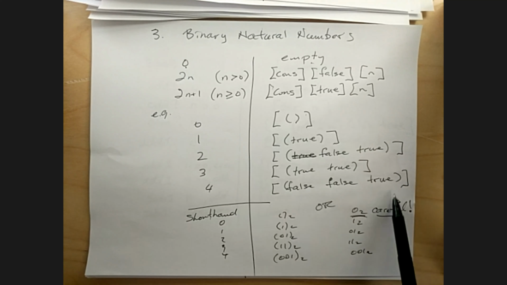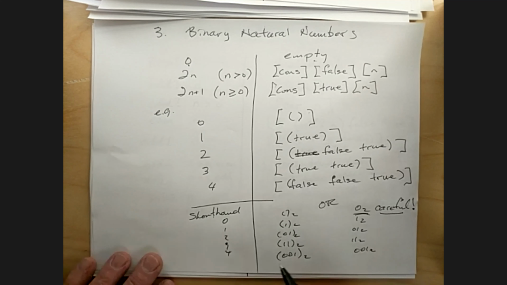Now it's kind of annoying to write false and false, true all the time. As a shorthand, I'm going to use the digit 1 to represent true and the digit 0 to represent false. So 0 is still going to be null, an empty list. 1 is going to be just a list containing 1. 2 is going to be 0, 1. 3 is going to be 1, 1. 4 is going to be 0, 0, 1, and so on and so forth.